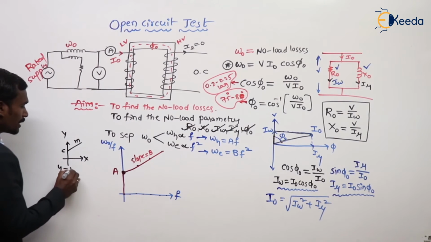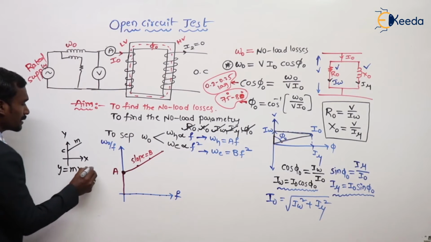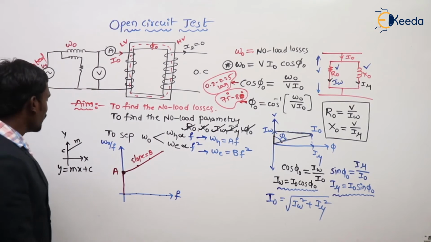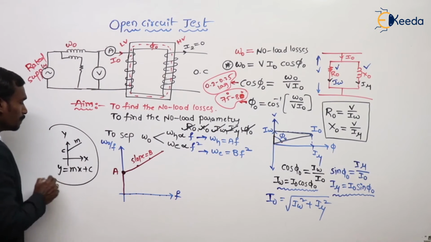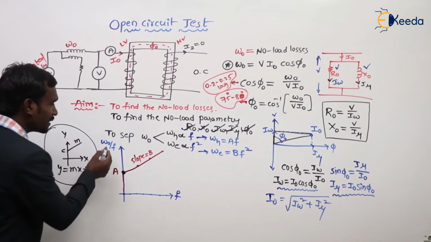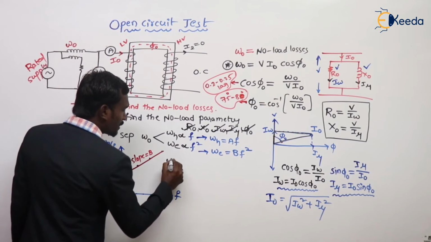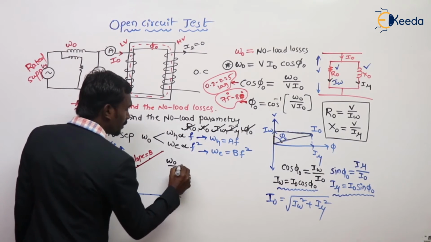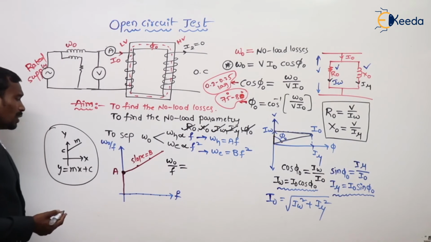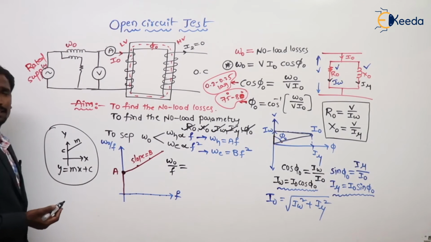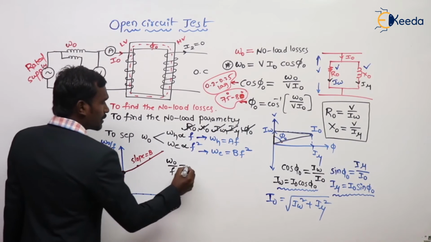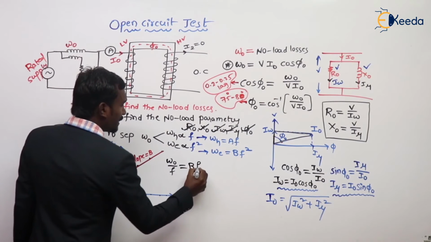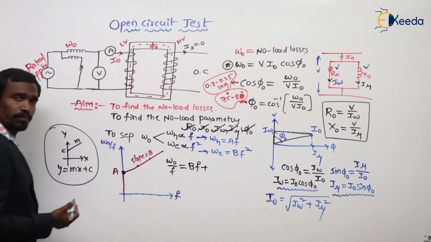Y is equal to mx plus c. Yes or no? What is y here? Here y is W naught by frequency. What is m here? Here the slope is b and x is the frequency.